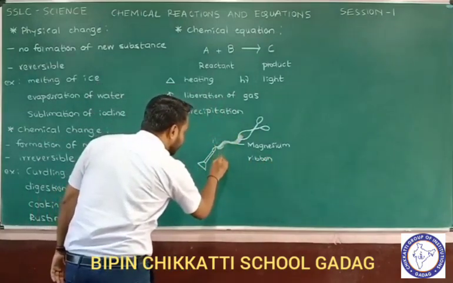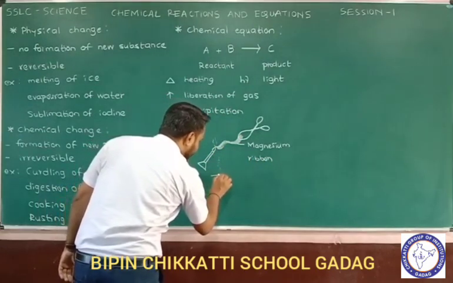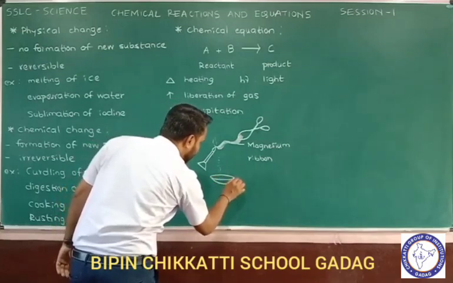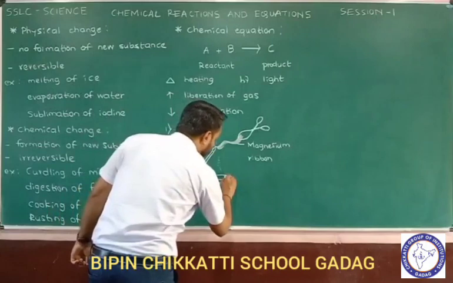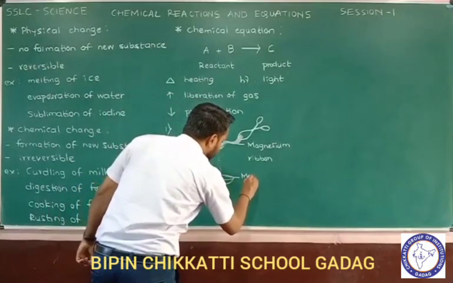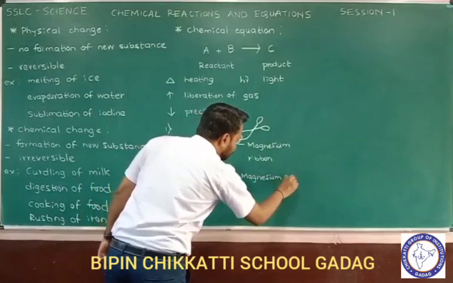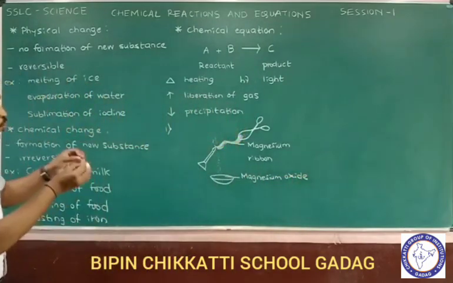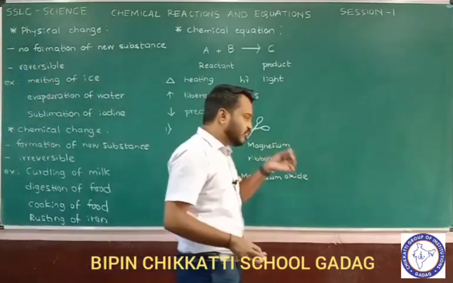Usually in this chemical change we are going to get a kind of powder, and I am going to collect that powder in a watch glass. And this powder that I am going to get will be magnesium oxide.